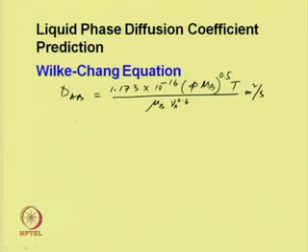Here DAB is the diffusivity of solute A in solvent B.